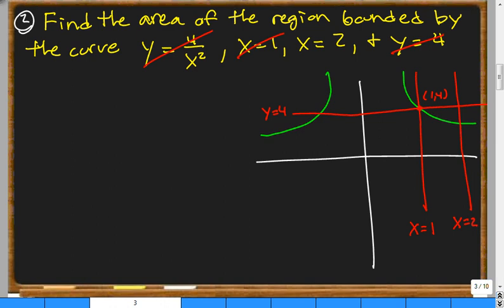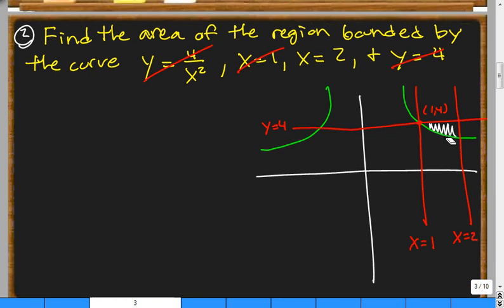Imagine that we have this area and this area. If we found the difference between the top and the bottom, it would just be that, which is what we're looking for. So in a sense, we are taking the area under y equals 4 and subtracting away the rest.